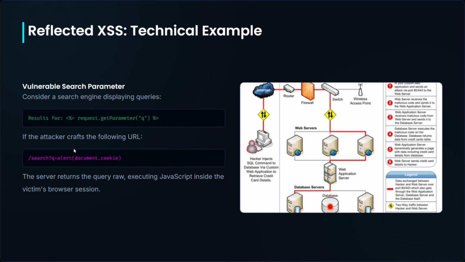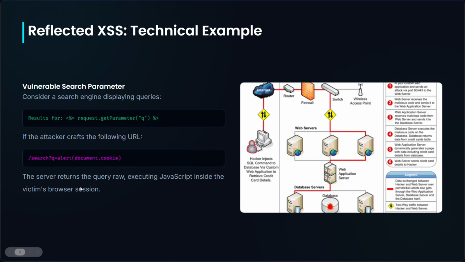After that, he puts in this alert(document.cookie) JavaScript code, which gives the attacker your session cookie. You are going to get the session cookie of that particular victim. This is how reflected XSS works.